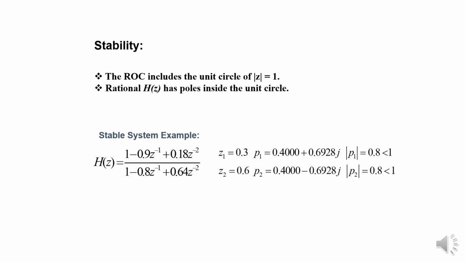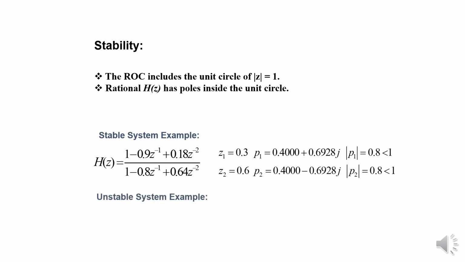And for both P1 and P2, the magnitude is less than 1, which is 0.8. That means the poles are situated inside the unit circle, right? Inside the unit circle, right?